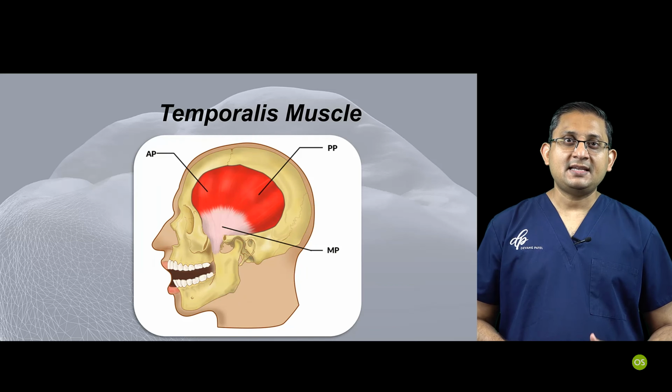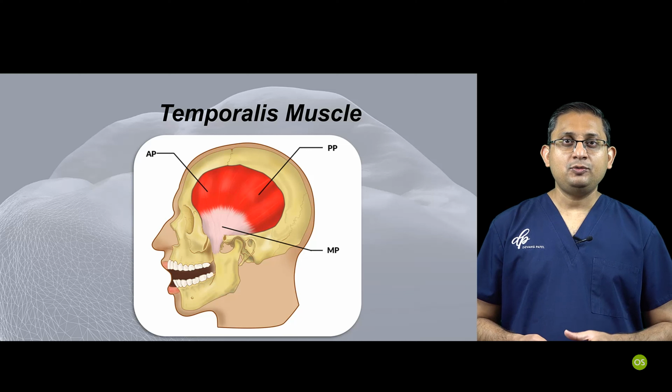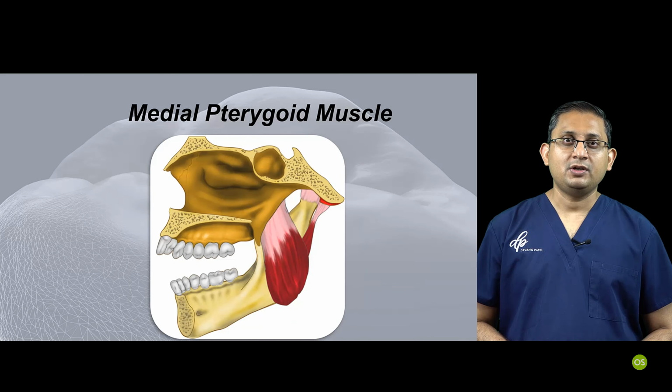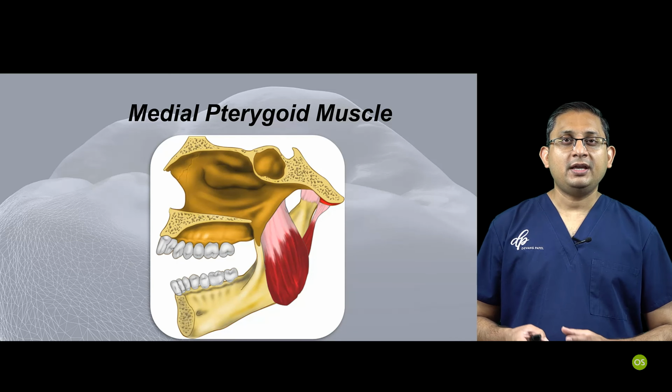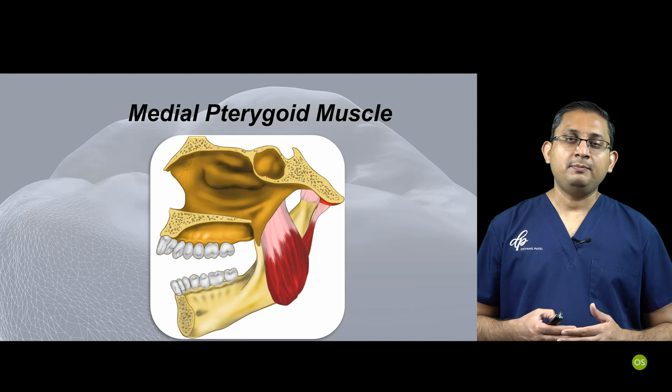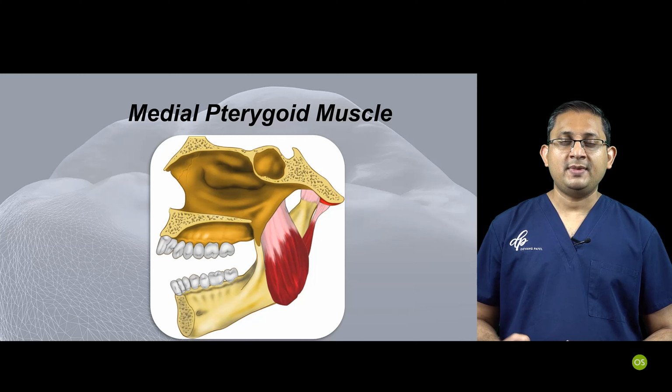The other muscle is the temporalis muscle, which helps move the mandible into a superior position, and these two muscles act together to move the mandible into the superior anterior position, which is the more musculoskeletally stable position. You also have the medial pterygoid muscle, which is also an elevator muscle, but if it contracts unilaterally, it provides mediotrusive movement of the mandible.